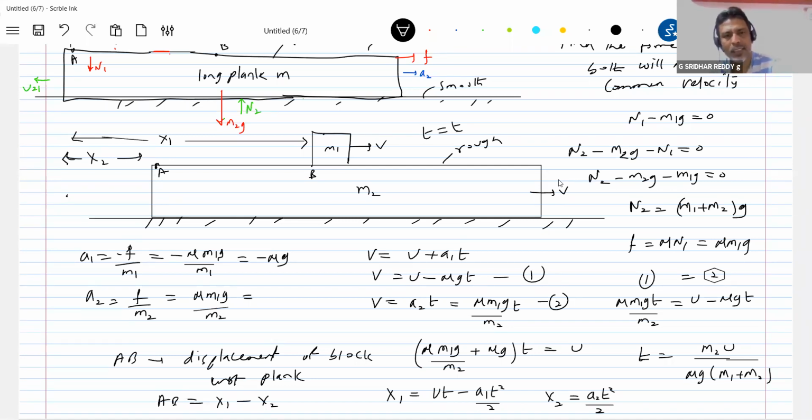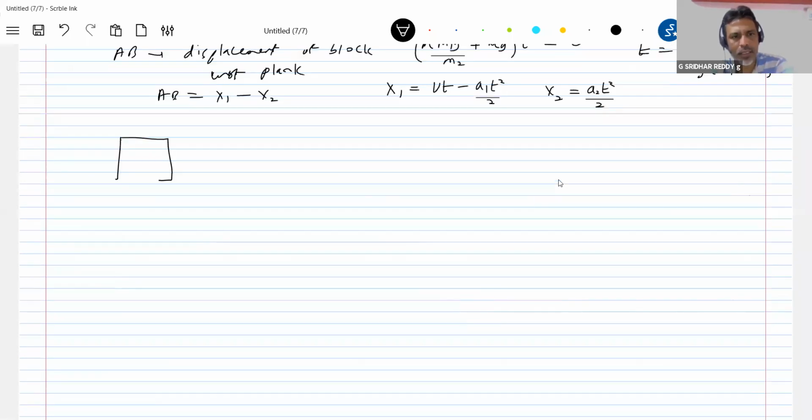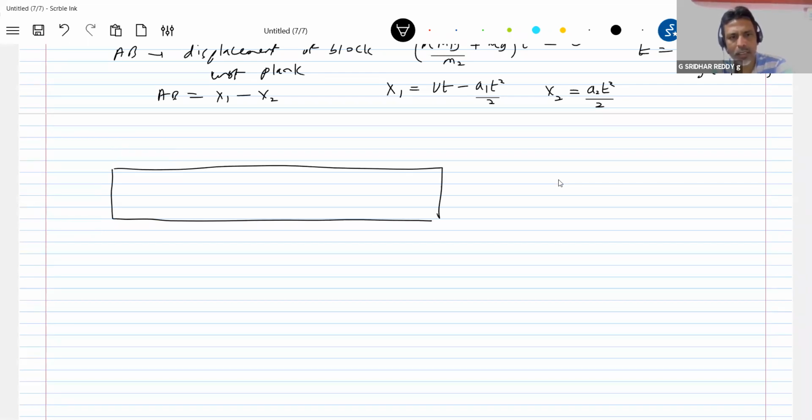I'll just discuss qualitatively, so you work it out. I'll give only the idea. So here, let me give velocity to the plank, or I'll give velocity to both the block and the plank. What conditions will arise here?